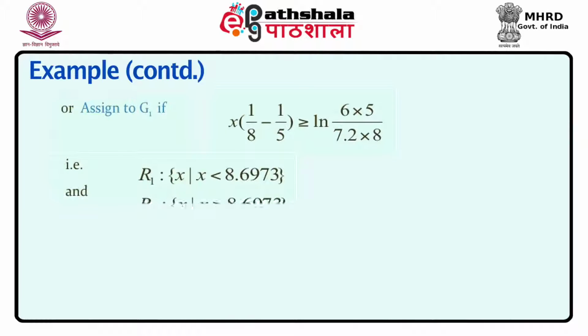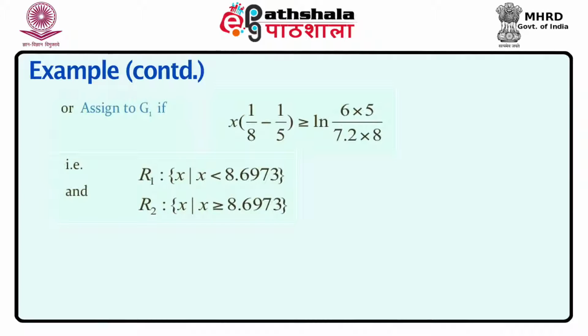Obviously R2 would be x such that x is greater than or equal to 8.6973. Interestingly, you will see that there is a change in the direction of the inequality in the case of R1. This is because x into (1/8 minus 1/5) comes out as negative, and the right hand side, log of 6 into 5 by 7.2 into 8, is a fraction, so if you take log, it comes out to be negative, and hence the inequality sign is reversed.